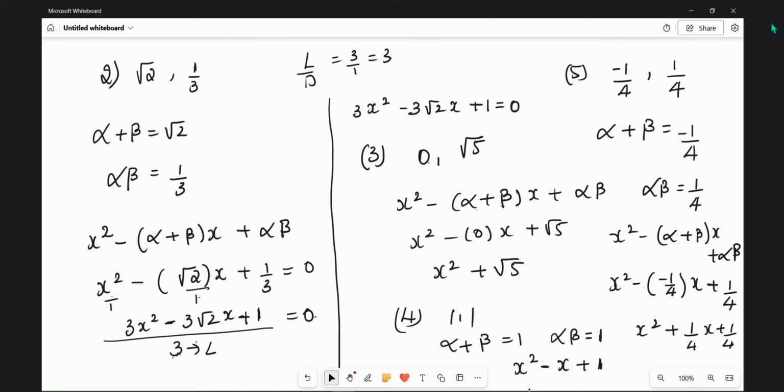So equation will be 4x square plus x plus 1. Okay.